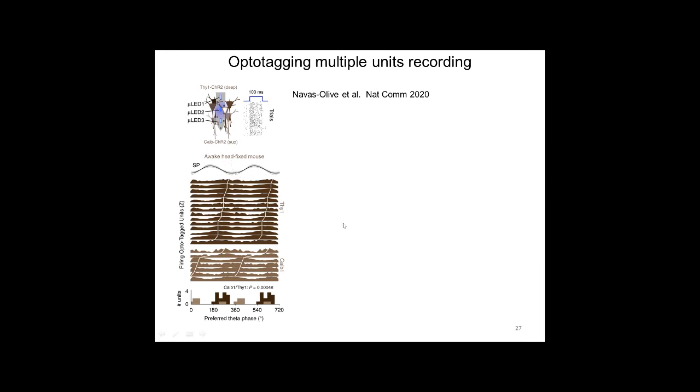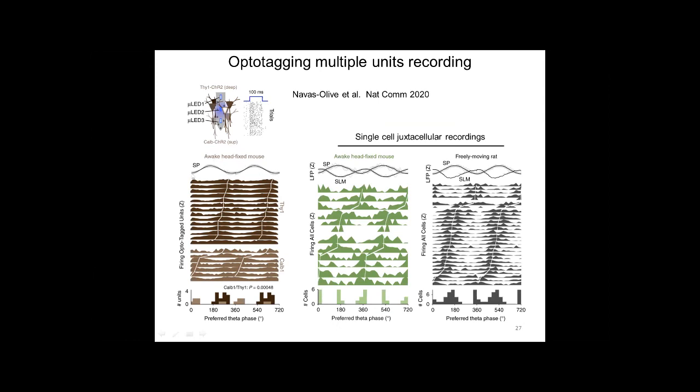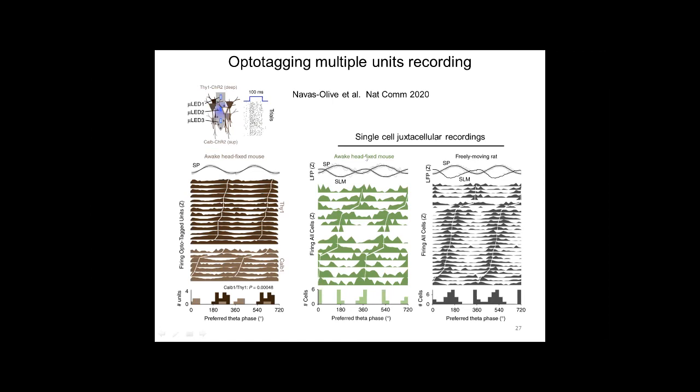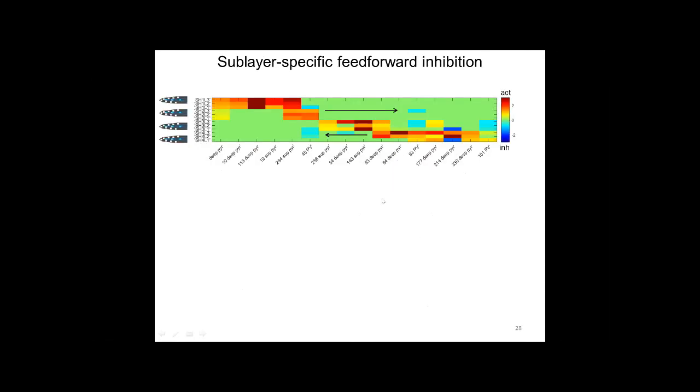We can even compare that from the optoelectrodes with single-cell juxtacellular recording, in the awake head-fixed condition or in the freely moving condition in the rat, and validate across animals, across preparations, across strains.